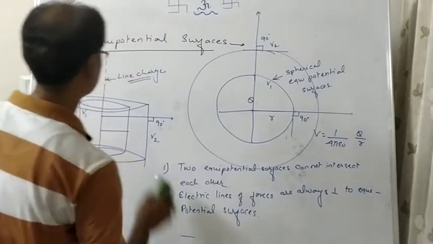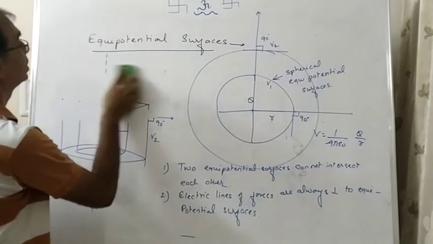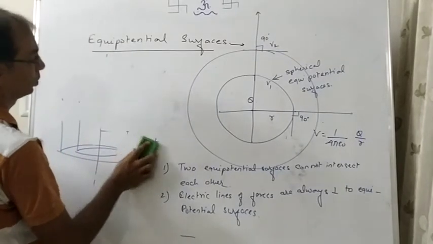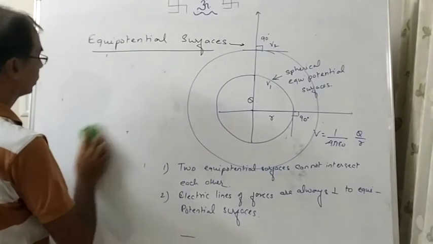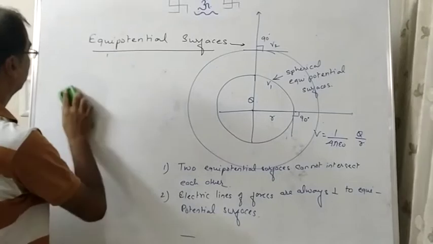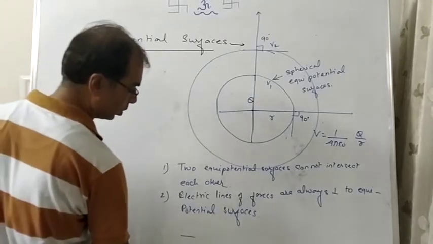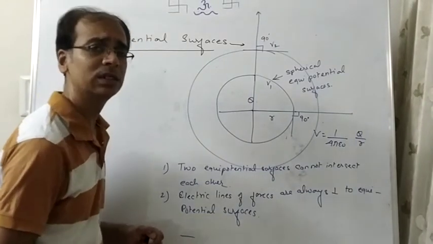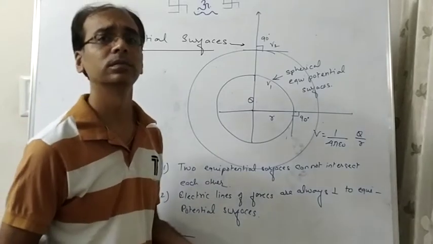Work done in moving a charge over these equipotential surfaces is zero. Work done in moving the charge on this equipotential surface is zero, because work done is what? Q delta V only, right?